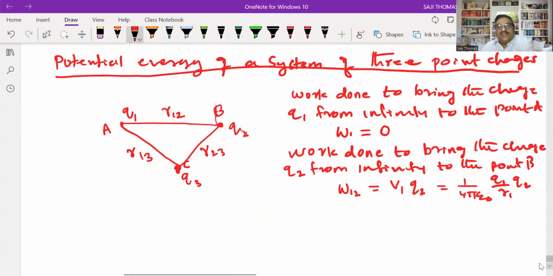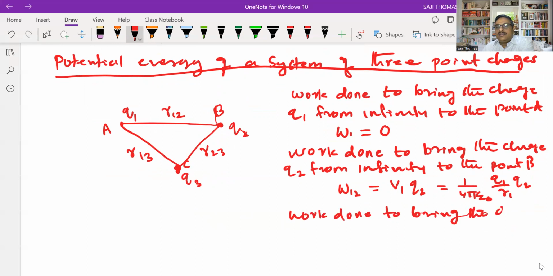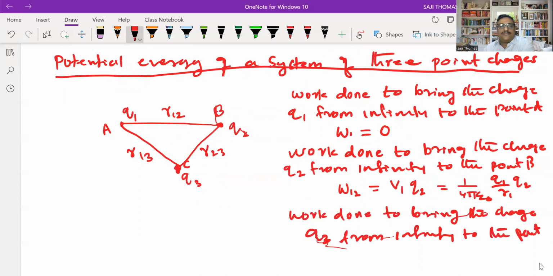So we can write work done to bring the charge Q3 from infinity to the point C. So that work I am writing as W13.